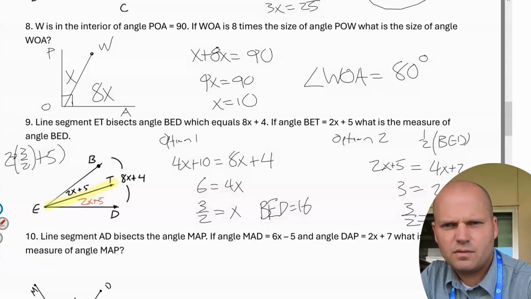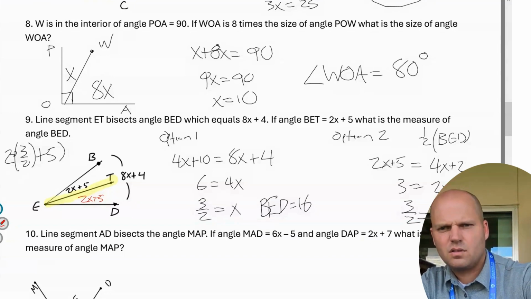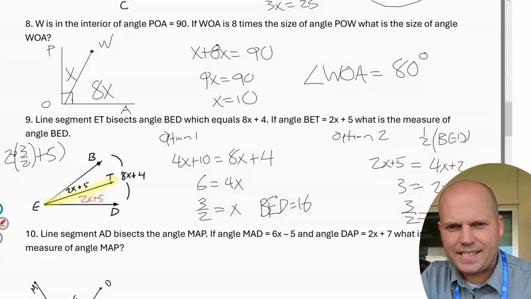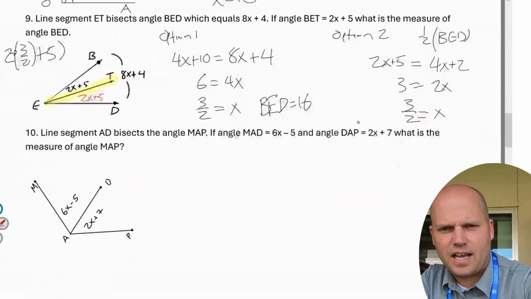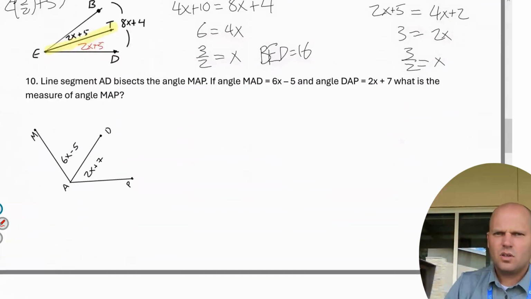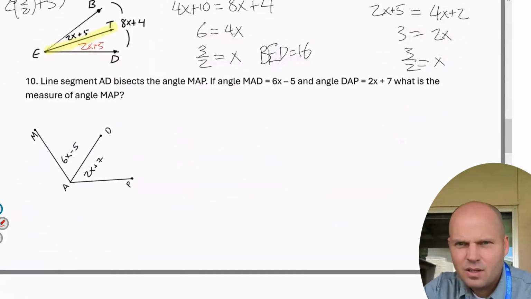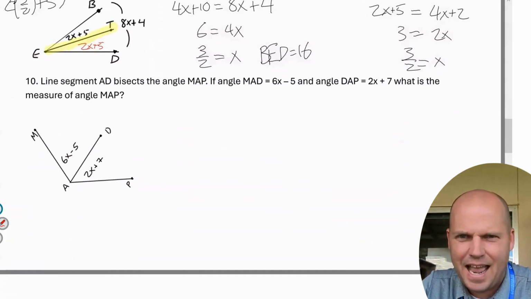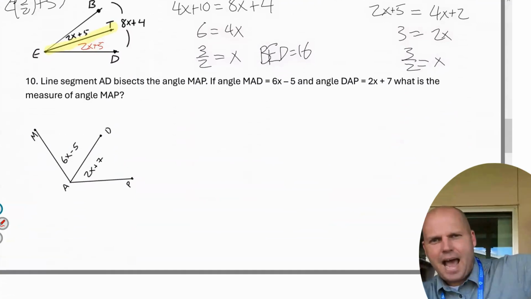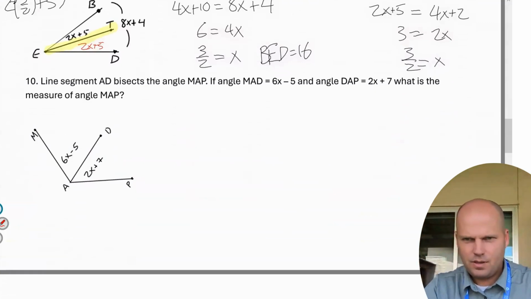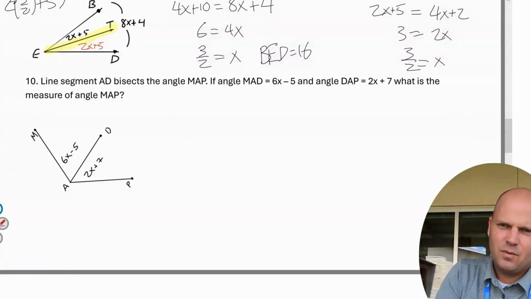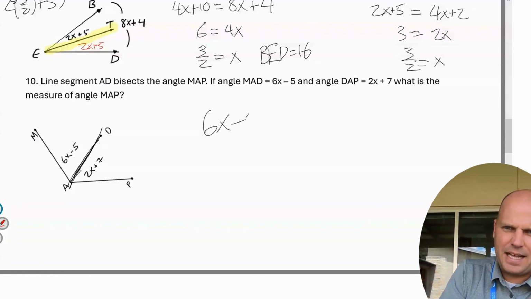Number 10. Another bisecting. See if you can set it up. We got MAP. That's being bisected by AD. We got MAD. We got DAP. Well, since this cuts it in half equally, MAD's got to equal DAP.